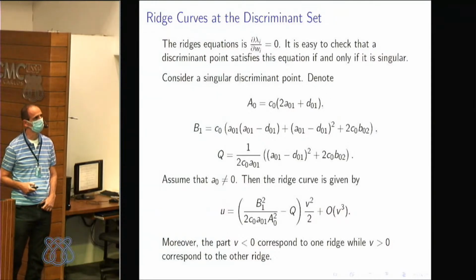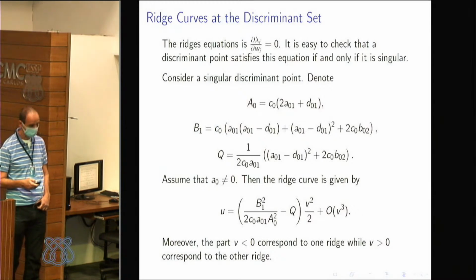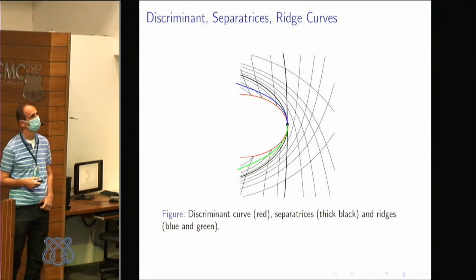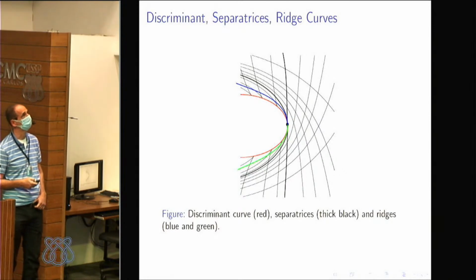The part V smaller than 0 corresponds to one ridge, V bigger than 0 corresponds to the other ridge. So this is the same figure, we have two ridges, and they are tangent to the discriminant curve at the singular point. This is the general behavior of a ridge curve.